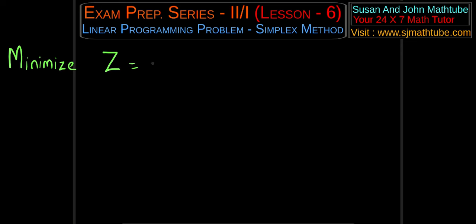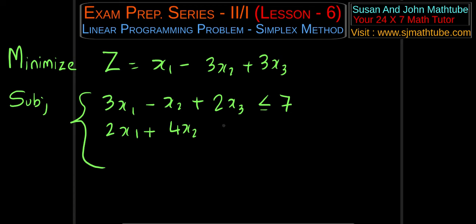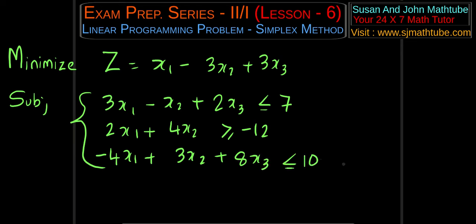So minimize z equal to x1 minus 3x2 plus 3x3, and subject to the constraints 3x1 minus x2 plus 2x3 less than or equal to 7, and 2x1 plus 4x2 greater than or equal to minus 12, and minus 4x1 plus 3x2 plus 8x3 less than or equal to 10, and the non-negative constraints x1, x2, x3 are all positive.